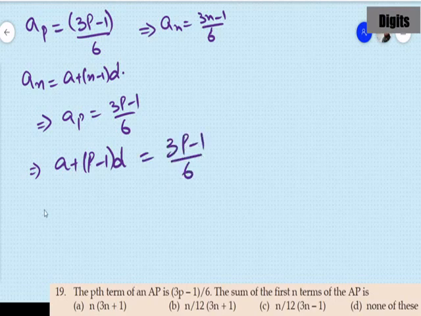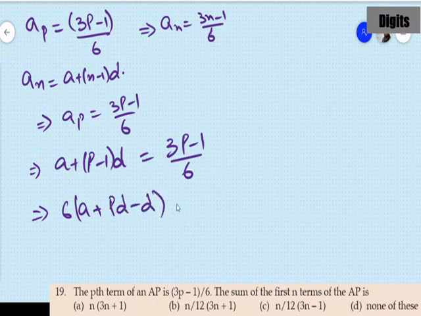Now after multiplying these terms by 6, it will be 6 into a plus pd minus d is equal to 3p minus 1.